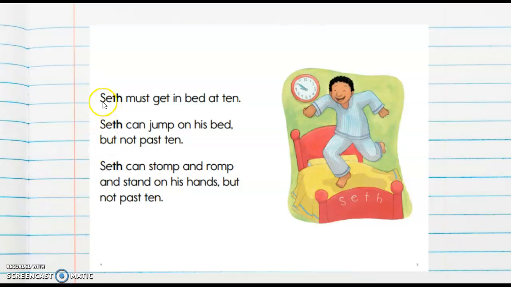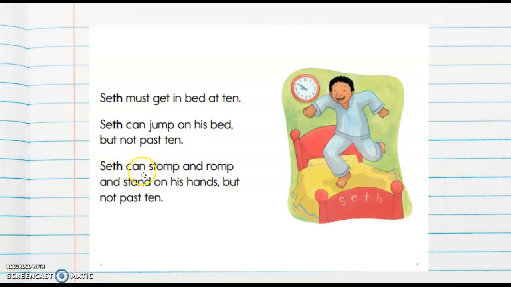Read with me. Seth must get in bed at 10. Seth can jump on his bed, but not past 10. Keep trying. Keep reading.